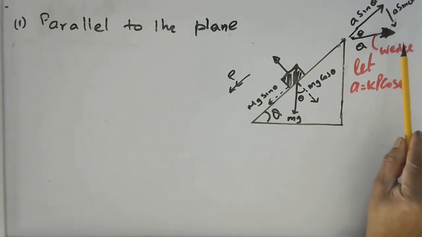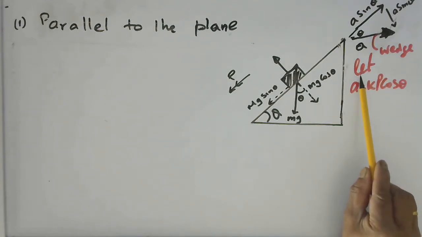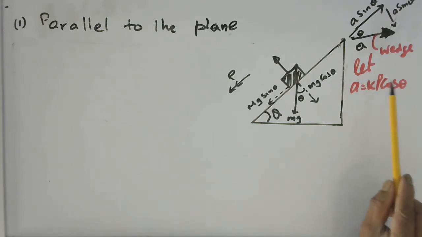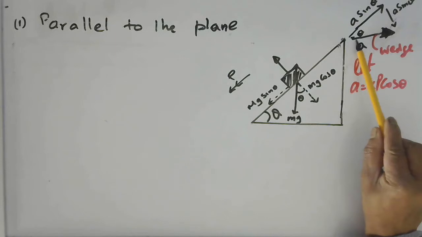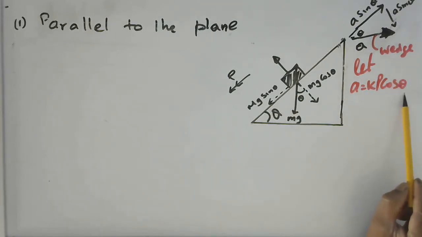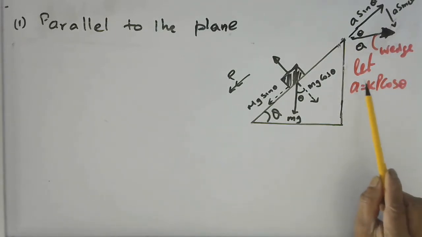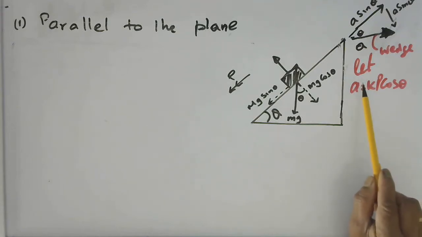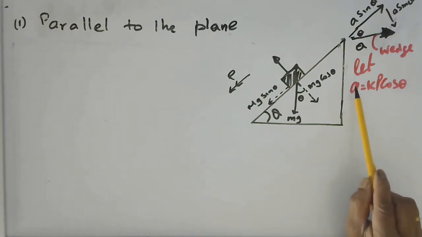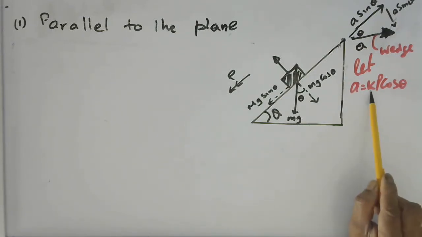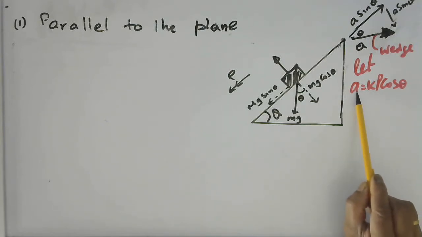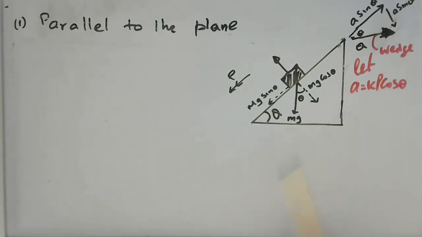In the question, the acceleration of the wedge is given as kp cos theta. I'm not going to write kp cos theta all the time, so let a equal kp cos theta. I'm going to divide that acceleration in the direction parallel to the plane.